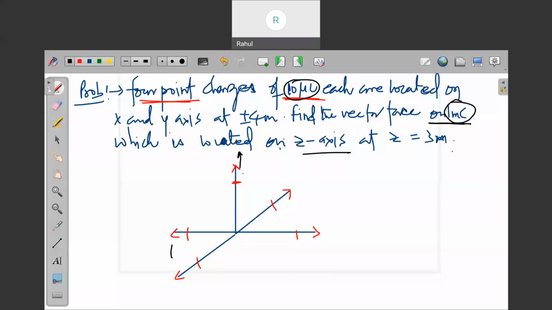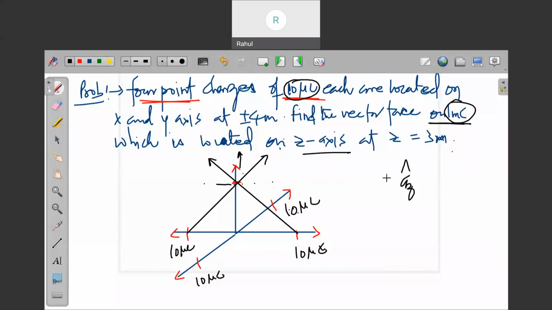The resultant force will be along z. If we resolve this, the horizontal components will be cancelled, and only the resultant force will be there. You can say that the overall force will be in the direction of az. Okay, so this is clear.